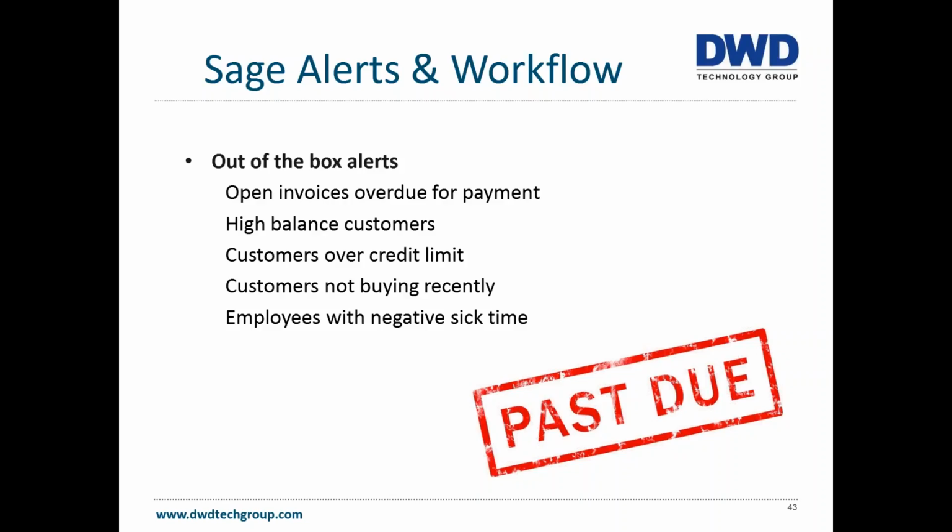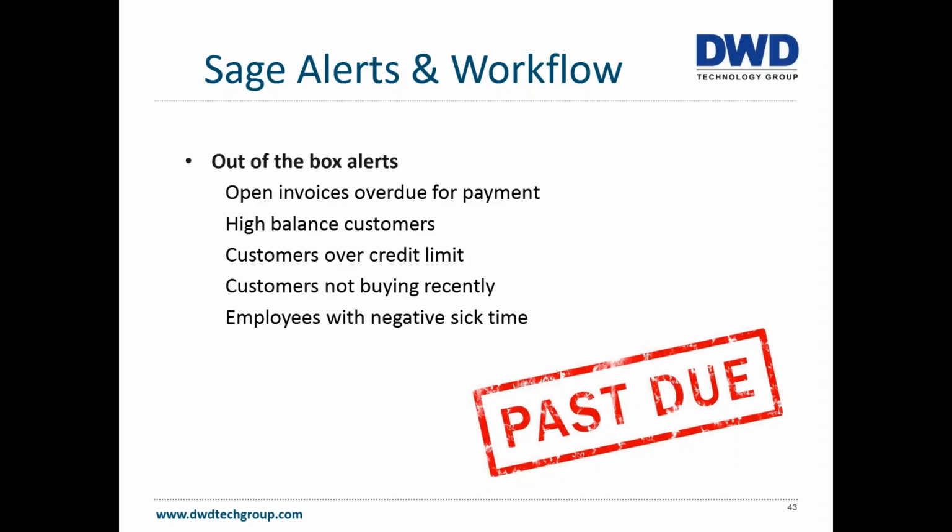As another example, we have a client who, for every order that gets changed from hold to open, alerts the shipping department that they have a new order that needs to be picked. It has moved from hold to open. They now know, hey, let's go pick that order.